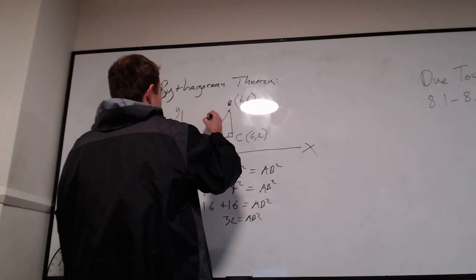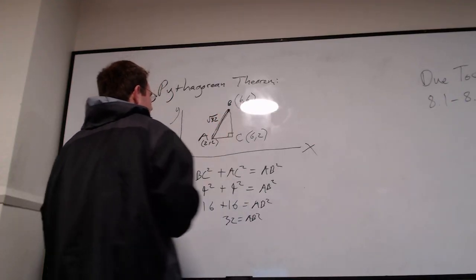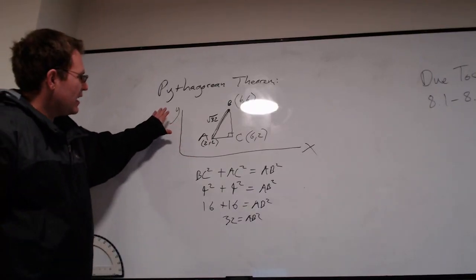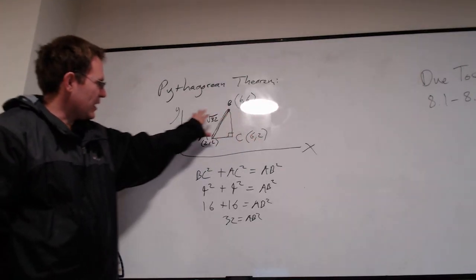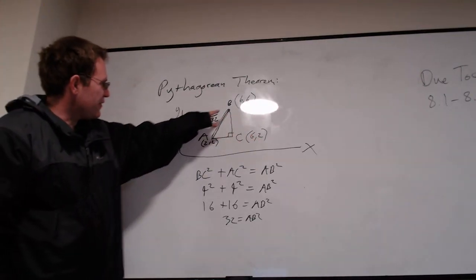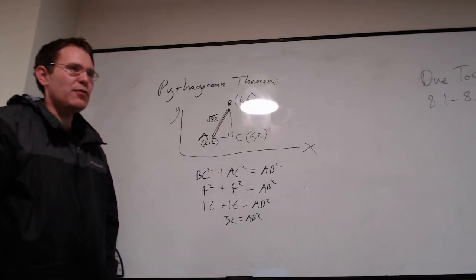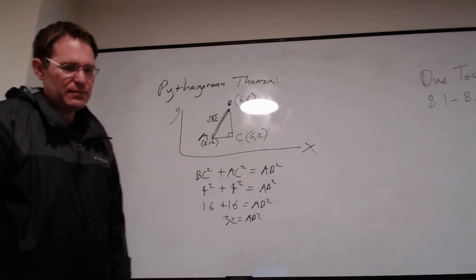So this here equals the square root of 32. This little segment here is the hypotenuse. So what you can see here is that if we have a coordinate system like this, to find the distance between 2 points, we can create a right triangle, and that allows us to find the distance.